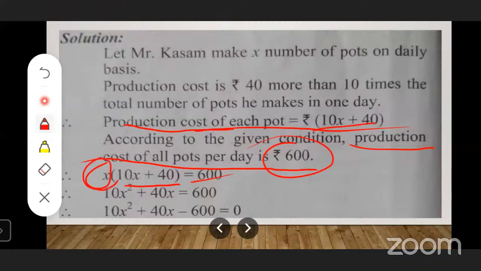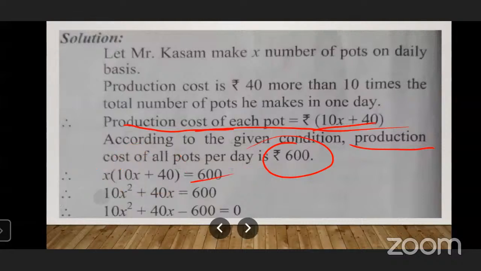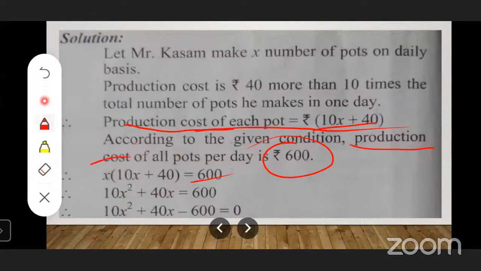How many pots does he make every day? X. What is the cost per pot? 10X plus 40, right? So you know the total number of pots he is making every day, and you know the cost of each pot. So you will know the cost of all pots he makes on a daily basis, and that is nothing but 600.